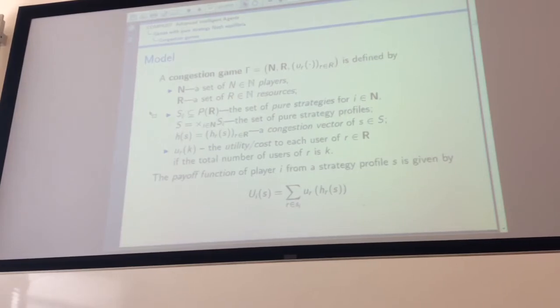Now, for each resource, we define a utility, which would be a cost function, that is just a function of the number of users of that resource, right? And there are no assumptions in the general model about the behavior of that function.